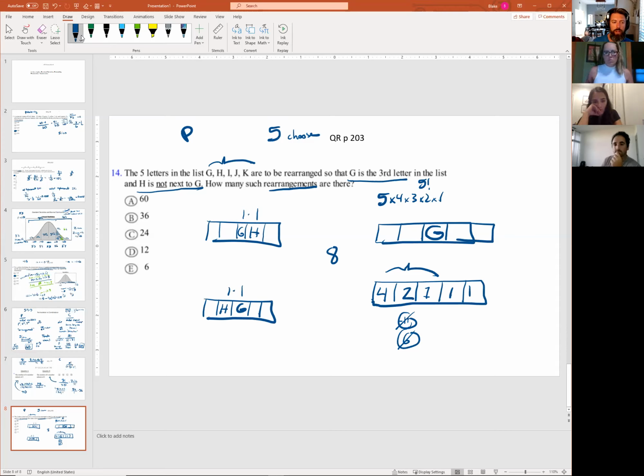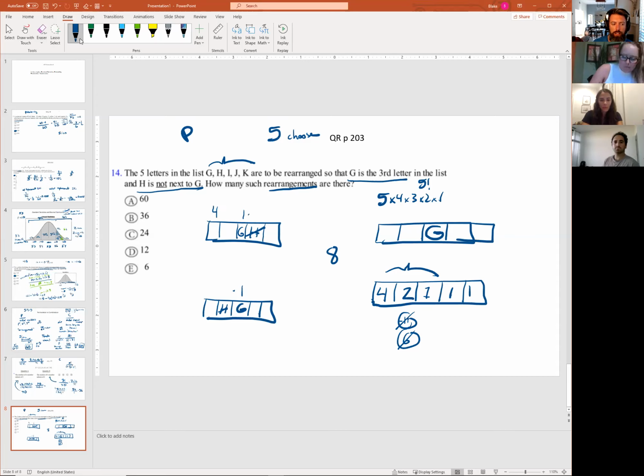So these are our 2 possibilities. They said H can't be next to G. Or sorry, I'm going to put not H here, I should say. So what are our possibilities here? Let's start with this one where we have G here and we have not H as our option here. How many possibilities do we have in this first one?